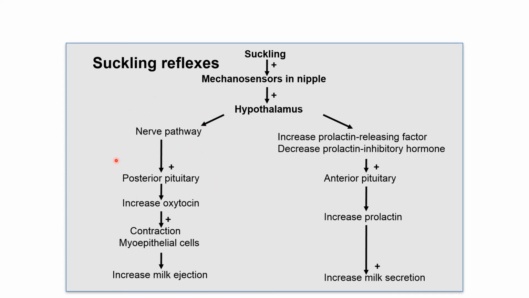And then it goes to the posterior pituitary gland, stimulating the release of oxytocin, particularly from the paraventricular nucleus. Oxytocin will travel and reach the mammary gland, and it will cause contraction of the myoepithelial cells and cause milk ejection or milk letdown. So one hormone, prolactin, is for synthesis, the other hormone, oxytocin, for milk letdown.